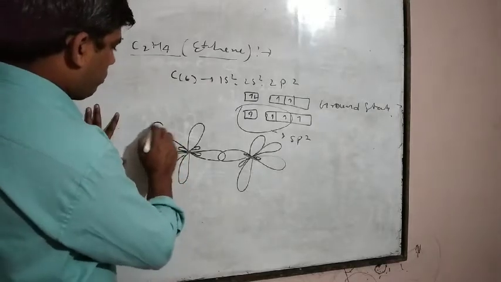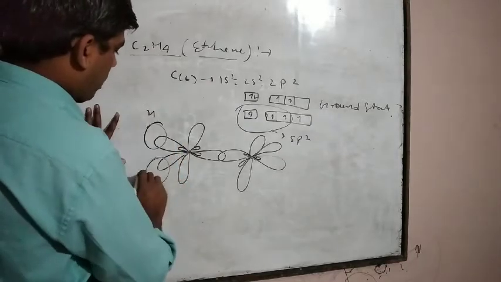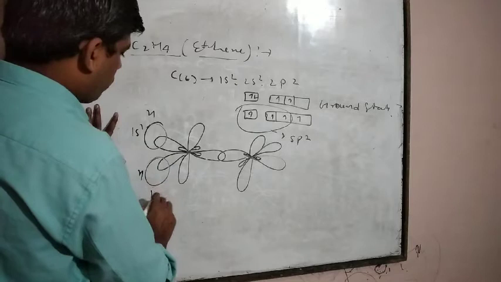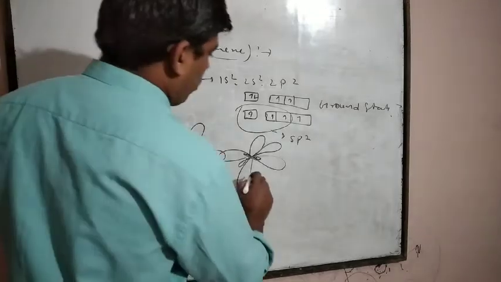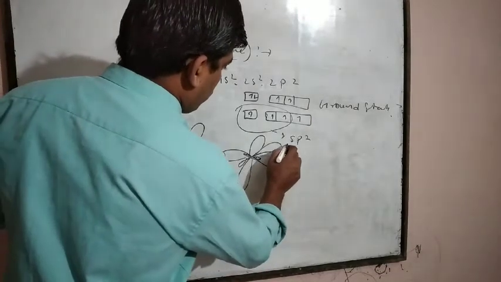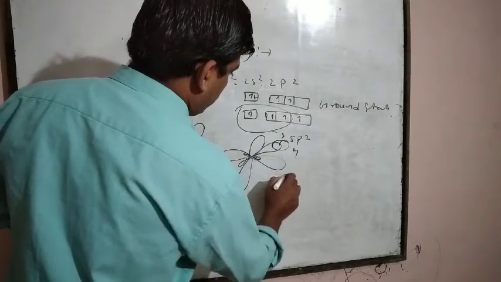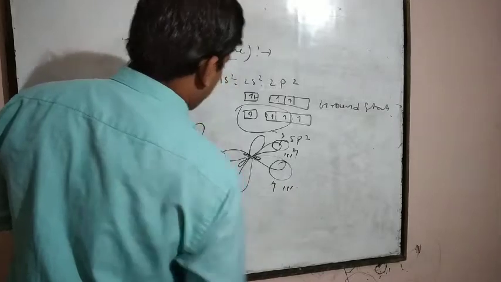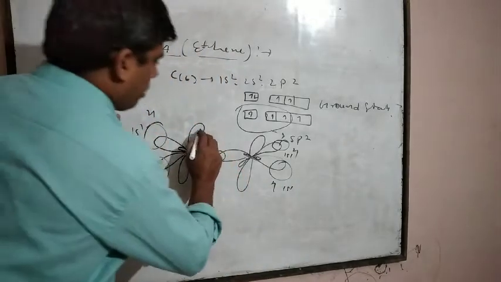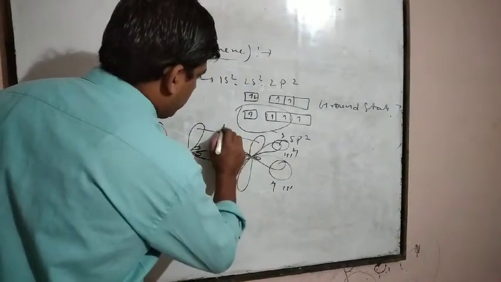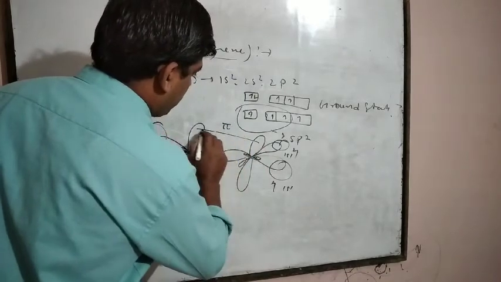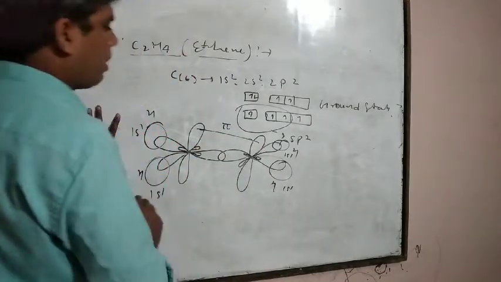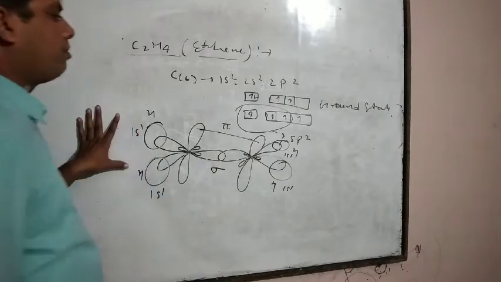Like this: 1H, 1H, 1s1, 1s1. Here also H and H, 1s1, 1s1. This is lateral overlapping, sidewise overlapping, in which a pi bond is formed.